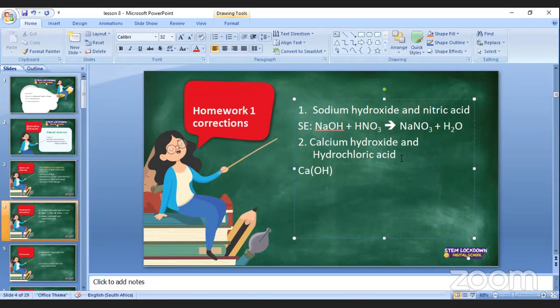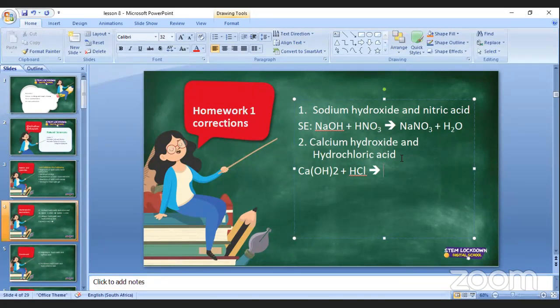What do we get when calcium hydroxide is reacting with hydrochloric acid? We're going to get a salt and water. So what type of salt are we getting there, grade 9s?